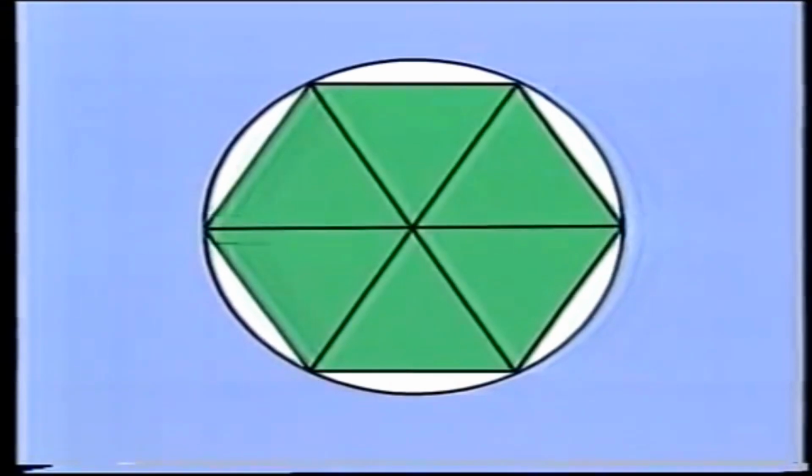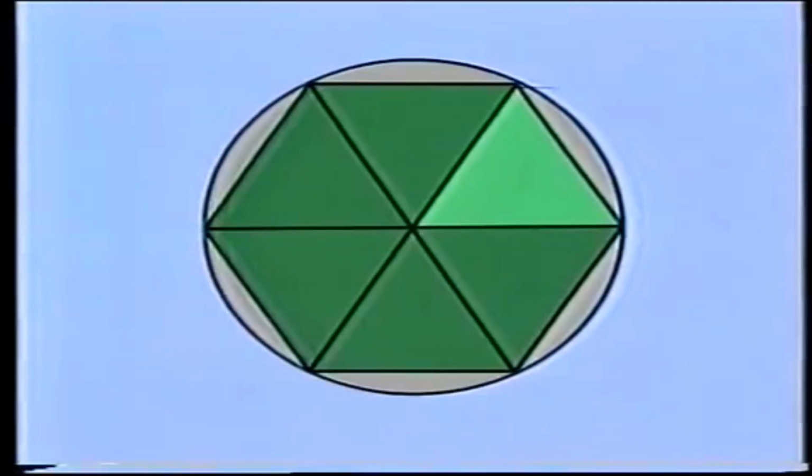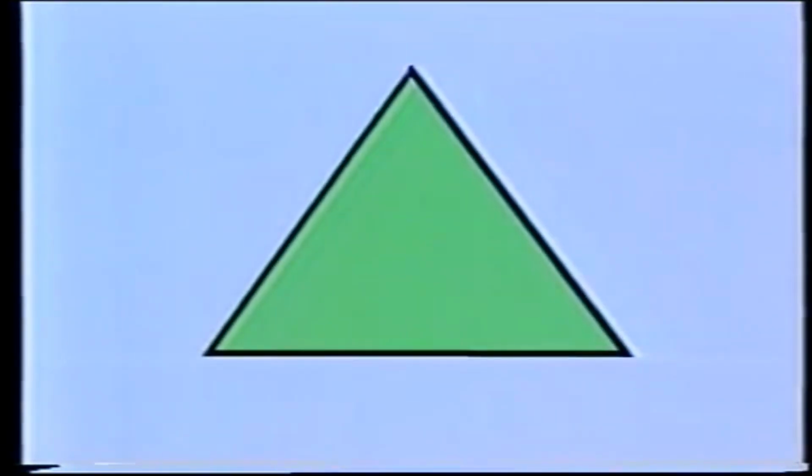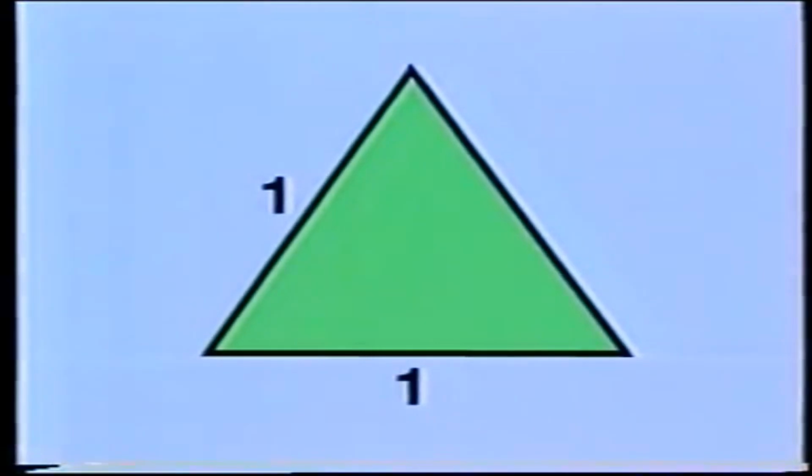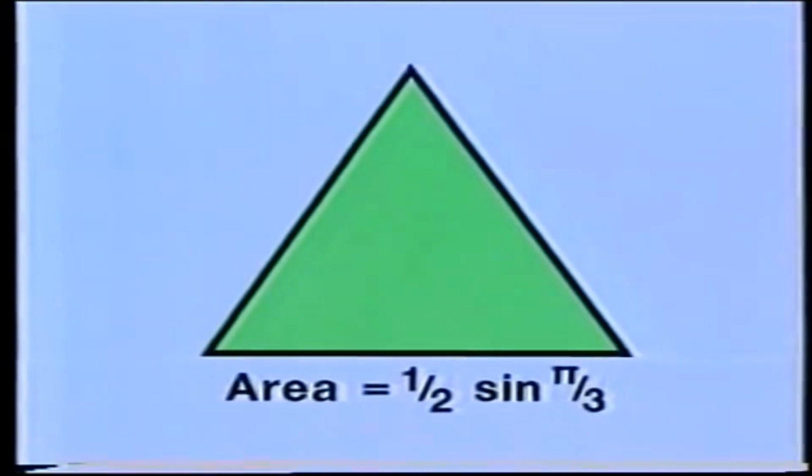We start off with a hexagon. To find its area, we divide it up into 6 equilateral triangles. Now, the area of just one triangle is easy. Each side has length 1, and the included angle is pi by 3. So the area of the triangle is a half sine pi by 3.